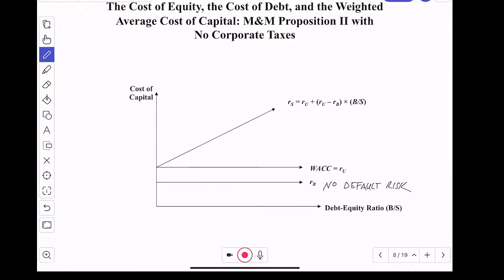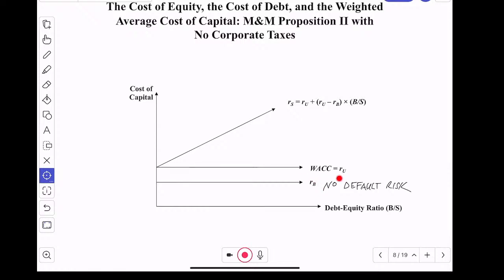Bondholders are not anticipating that greater debt will lead to default because we've removed that possibility, making an assumption there's no default risk. So no matter how much debt, bondholders will require this level of return, it doesn't change.